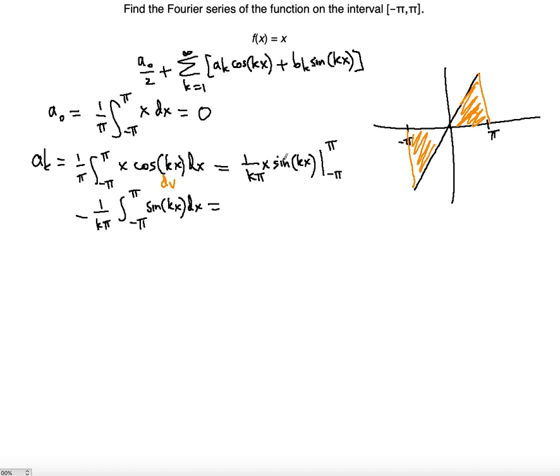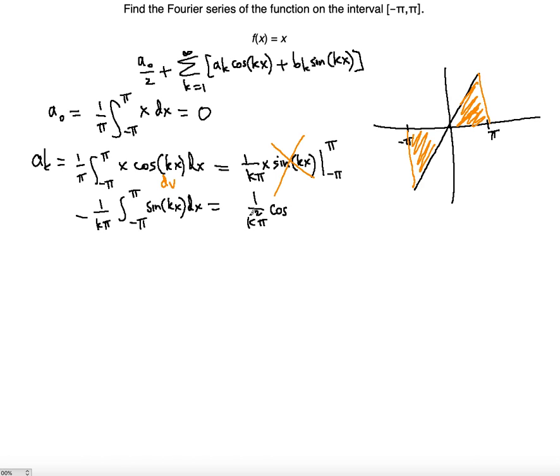You know that this thing will be equal to 0, so you can cross it out because of the sines at pi and negative pi being equal to 0, right? However, you should check this. So minus 1 over k pi, using the u substitution, actually you will have a positive, because you will have a negative cosine. Negative gives you positive, right? So you can adjust that.